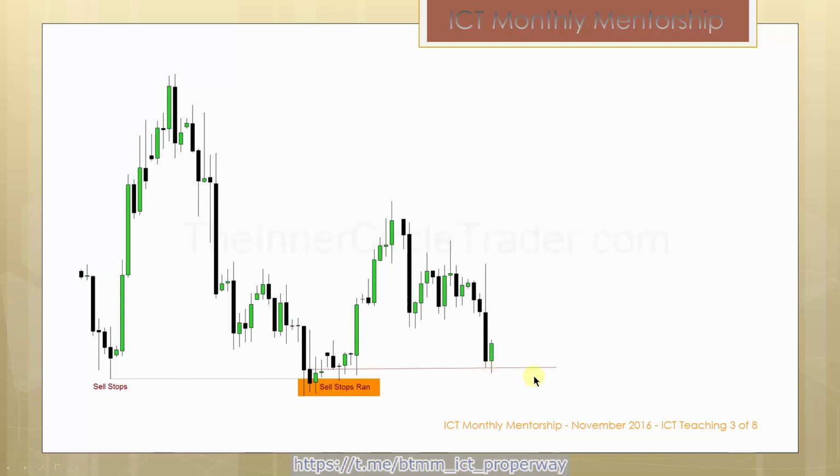Now, to identify institutional sponsorship in a particular segment of price action, you need to see immediate dynamic response. If it's lethargic, if it's not willing to move right away, that means there are no institutional orders in that area.